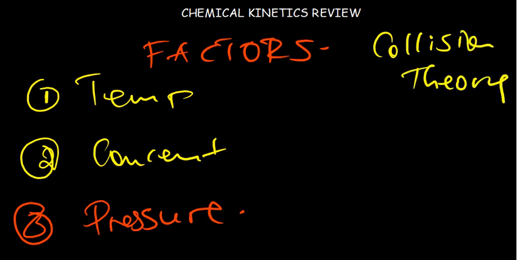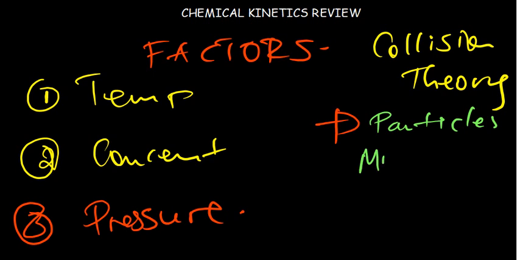So what did we say? What is the collision theory? What does it state? Anyone who is able to recall? Chidema, are you able to remember? So particles must collide. That's one. And not only should they collide, but they should collide with what?